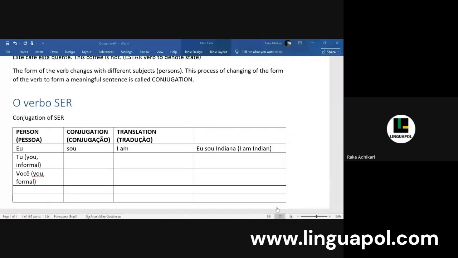We don't have different subjects of tu and você. We use only você. Whoever we are referring to, it can be formal or informal. He or she can be your elder or younger. Whatever it is, we have only one word, that is você.